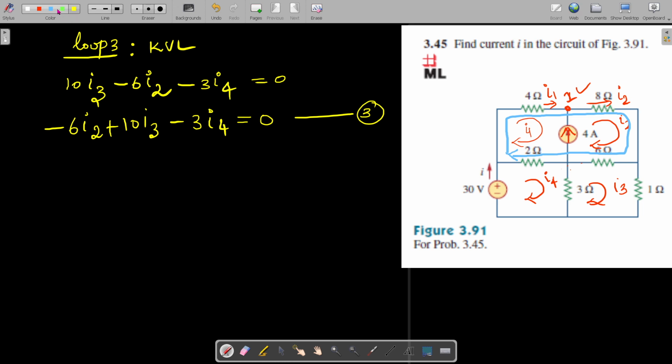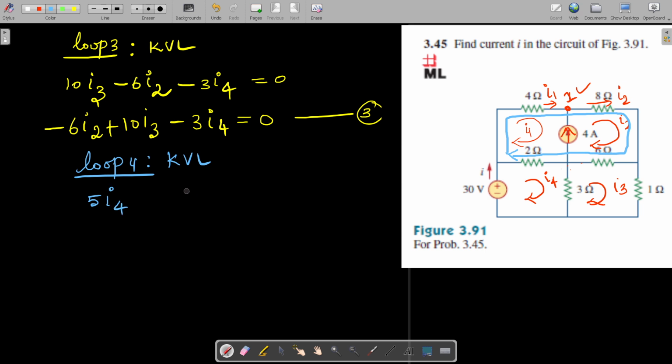Now we move on to the fourth equation. For that we are applying KVL to loop 4. In the loop 4 we have two resistances, 2 ohm and the 3 ohm. So the summation of these two is 5 I4.